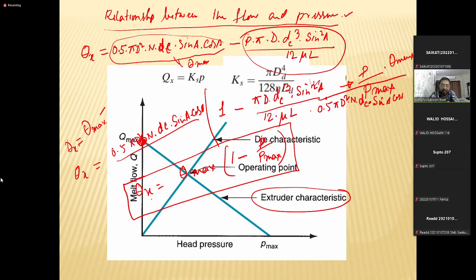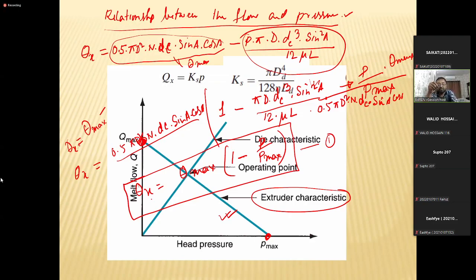If our Qx is 0, then we shall get P equal to P maximum. So this is our extruder characteristic. Am I clear? Okay.